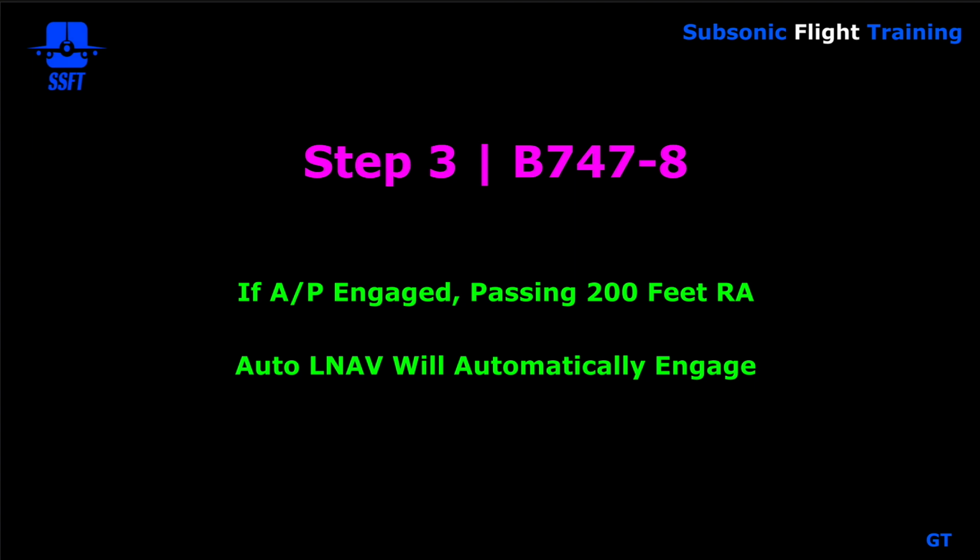Then at 400 feet, we could go to heading select to fly the assigned heading by ATC. If we want to continue to the missed approach procedure, then we don't have to do anything, because LNAV engaged for us automatically at that 200-foot point with the autopilot engaged on the Dash 8.